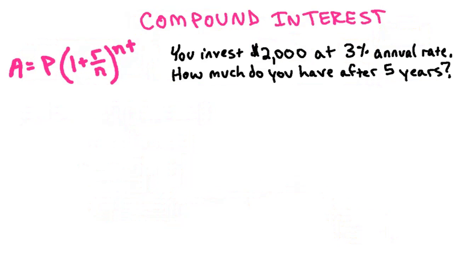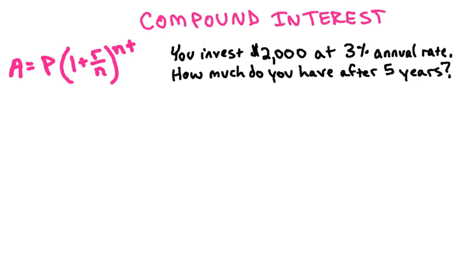So now let's take a look at compound interest, using the same word problem, but we're going to do compound interest instead of simple interest. Now the difference between simple and compound interest is simple interest, remember, they just took the 3% of your original investment, your $2,000, which was $60.